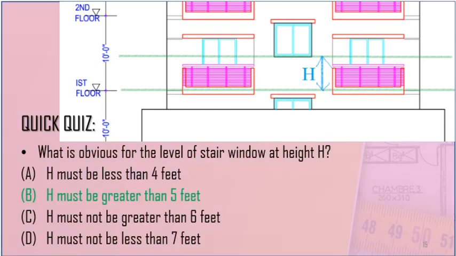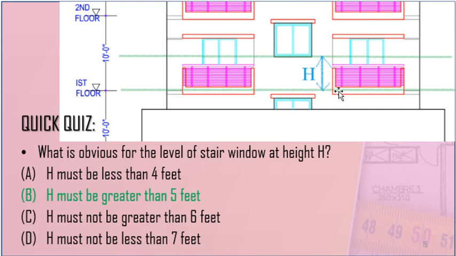I think by this time you have got the answer. The answer will be B. H must be greater than 5 feet. As we have just discussed, the stair must start from the first floor level, and the window must start after the mid height of the floor, because you will go to half of the floor height using stairs, and then the window will start above that level.